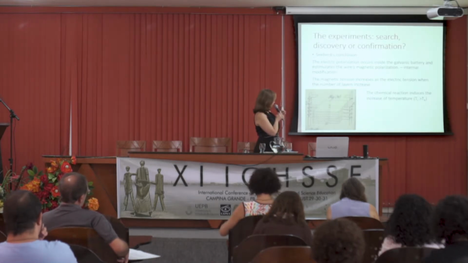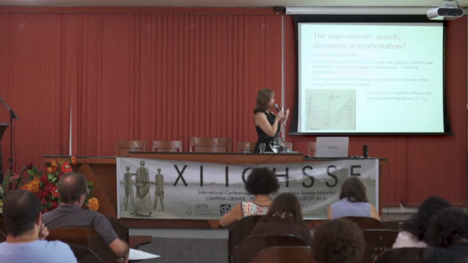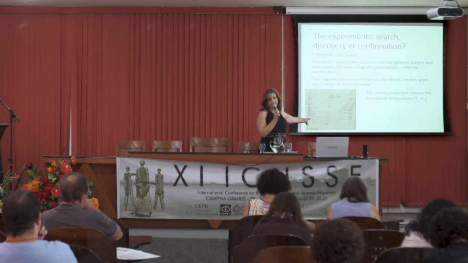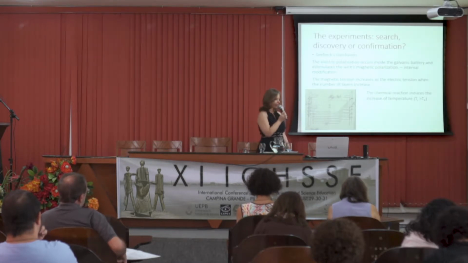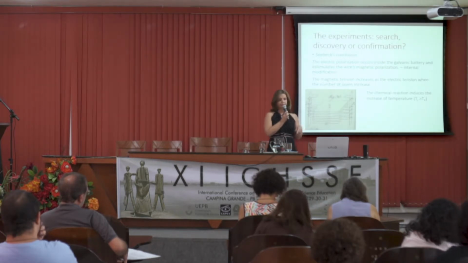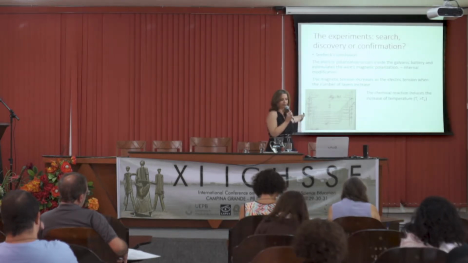Okay? And he also concluded that the magnetic tension increases like the electric tension when the number of layers increases here. So it's another battery. And when he was doing this experiment, he noted that the chemical reaction induces an increase of the temperature of one of the layers here.